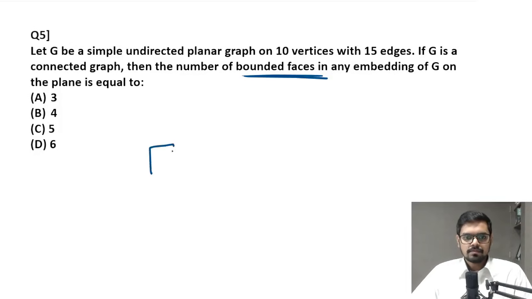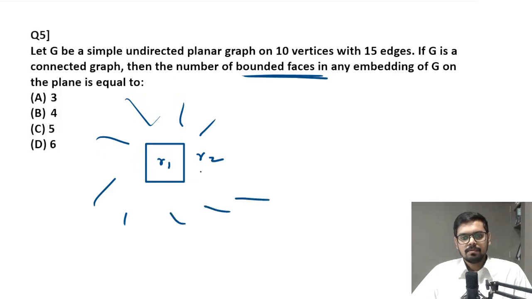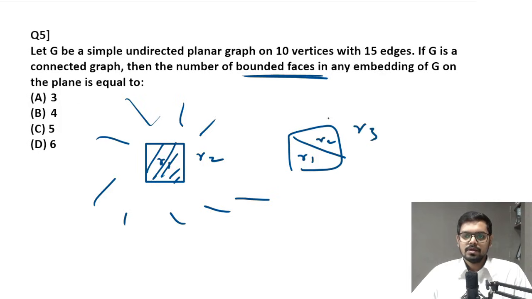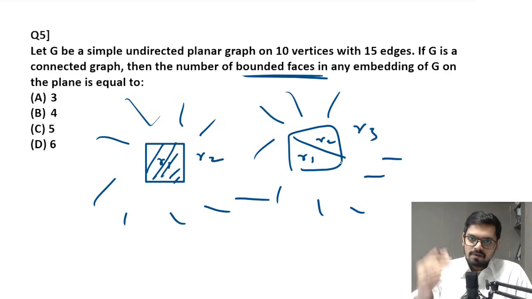See, suppose I have this planar graph. This is region 1, outside is region 2. This outside region is the unbounded region, and this is the bounded region. If you take one more graph, this is R1, this is R2, R3. So outside is unbounded, inside you get bounded. So every time we get only one unbounded region and the others are bounded.